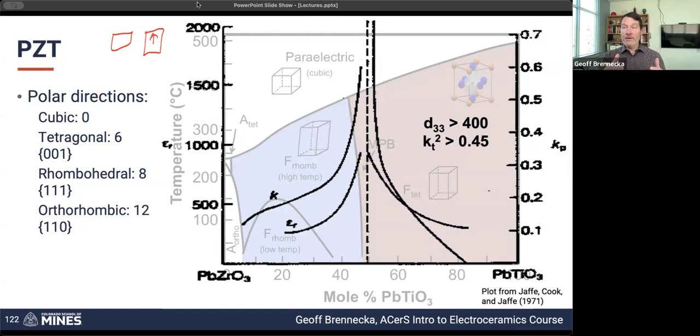So it could be along A, B, or C. The long axis defines that being C, but there's no reason that you can't have a c-axis laying down in this direction or that direction. So that means that in a tetragonal unit cell, it can also be either pointing one direction or the other. So for a given cube, you stretch it into tetragonal. Now you have 6 potential polar directions.